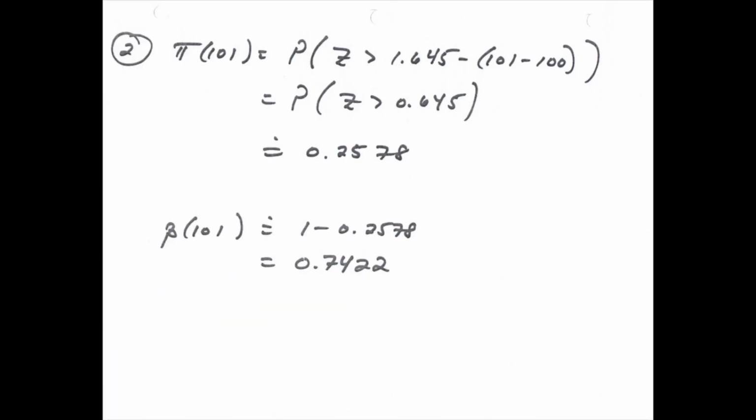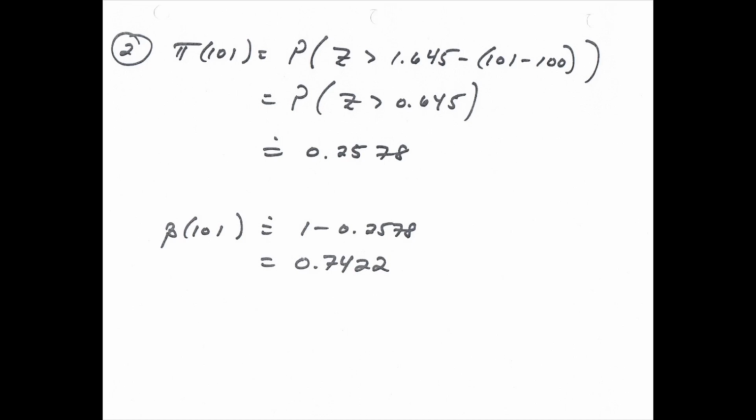Next, let's look at the situation where mu is equal to 101. In this situation, the alternative hypothesis, which says that mu is greater than 100, is true, and so we would want to reject the null hypothesis. However, we're going to reject the null hypothesis if and only if we get a hold of a sample that leads us to that conclusion.